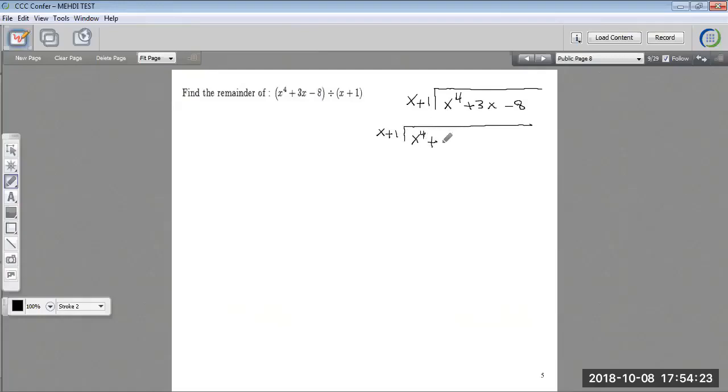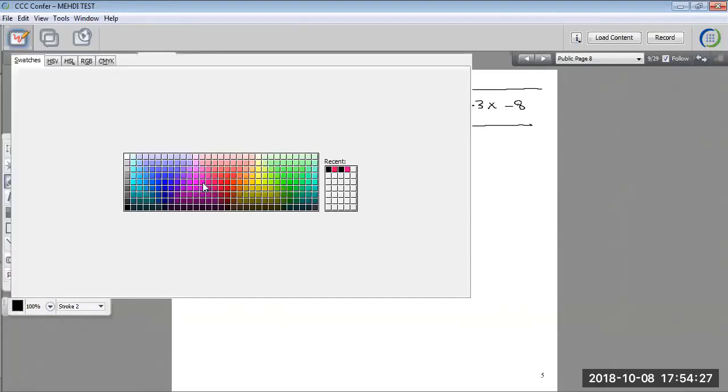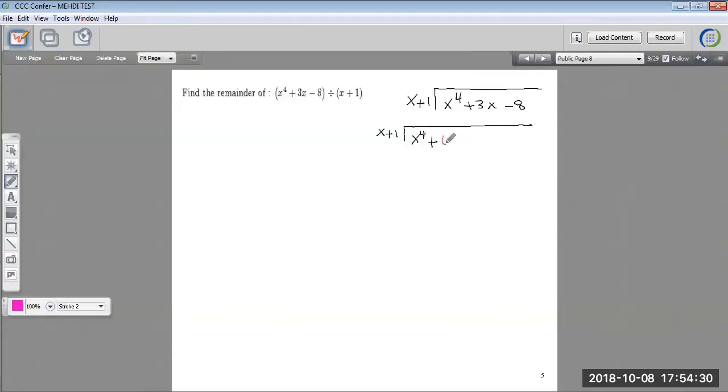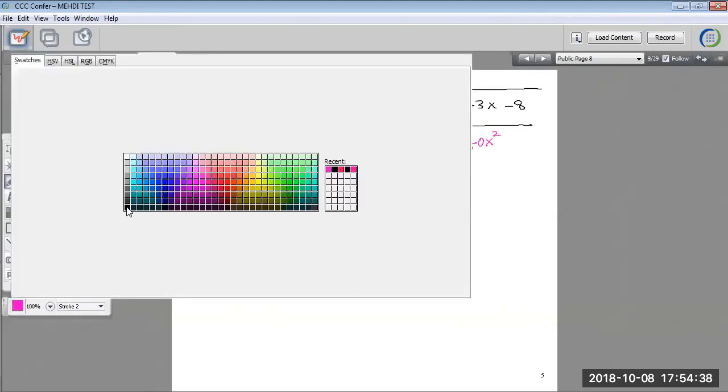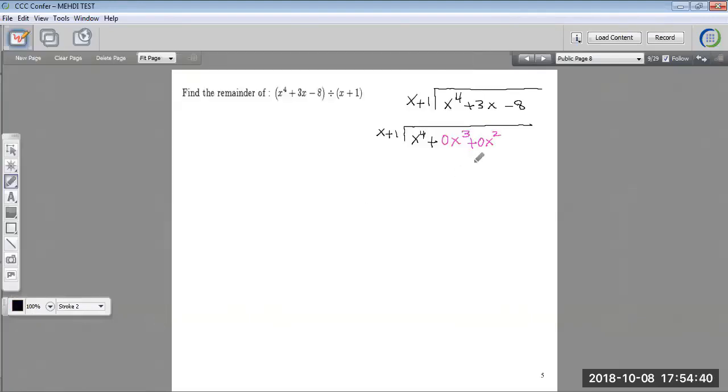So I can put 0 x to the power of 3 just to recall that x to the power of 3 is not there. And then x to the power of 2 is not there, so I'm going to put 0 there. The reason it's not there is because its coefficient is 0. And then the next one, x, is present, and so is a constant. Now with the synthetic division, we have to include those zeros.